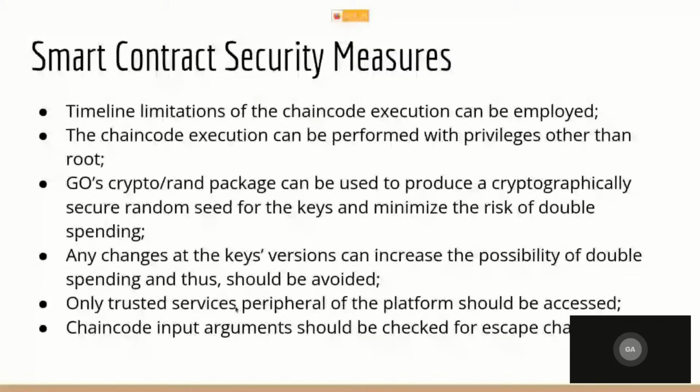And then, very importantly, key collision should be avoided by doing version control. There is an option to use composite keys in Hyperledger Fabric. When you use composite keys with version control, key collision issues can be mitigated.